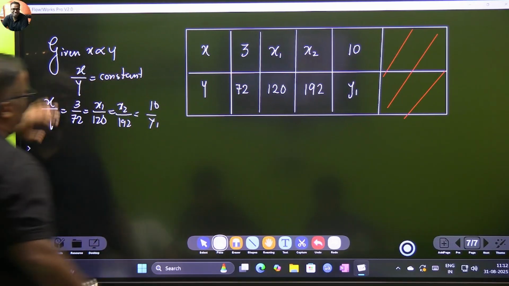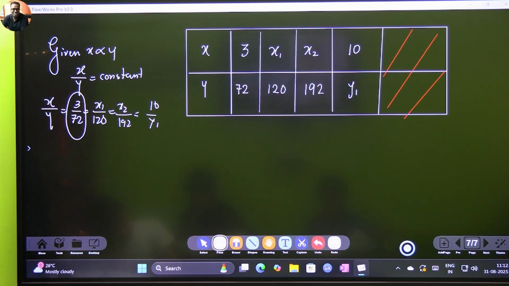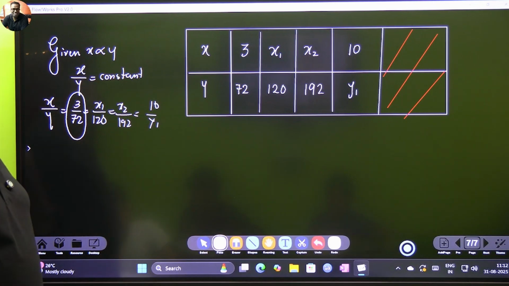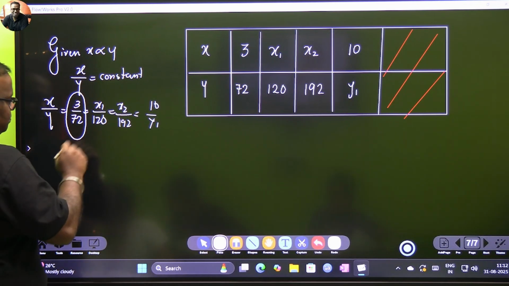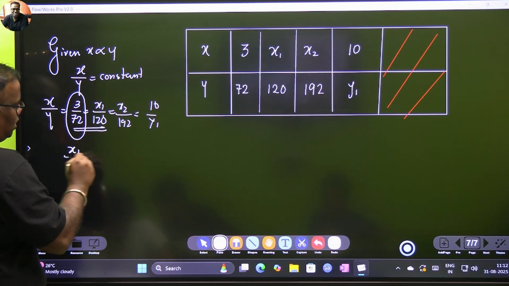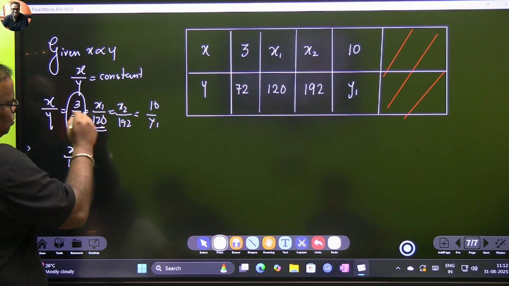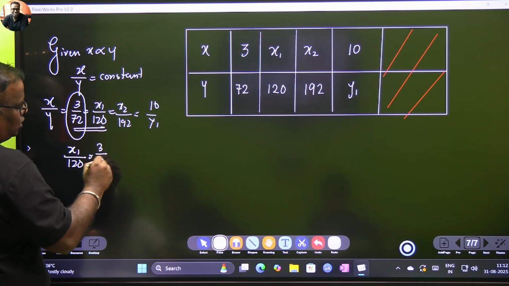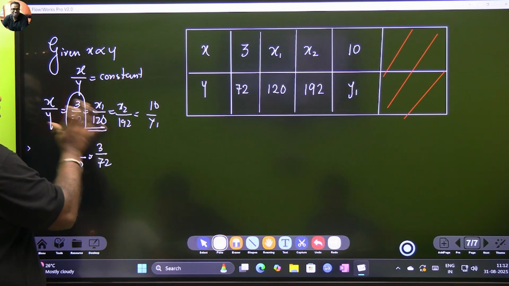Our job becomes easy. So this particular fraction will give me the constant number. How much is it? 72 means 24, right? Then you can use these two equations. You write X1 by 120 is equal to 3 by 72. Have you understood this? I've just used these two.